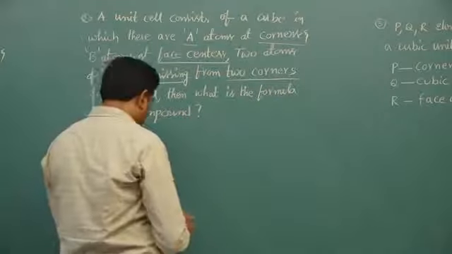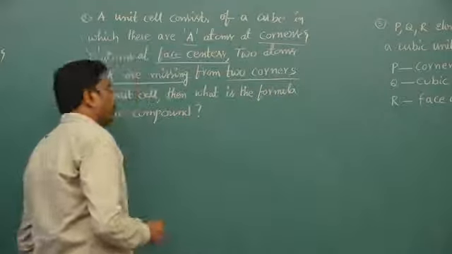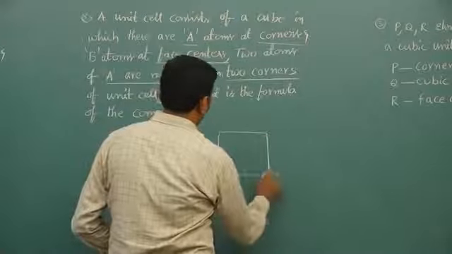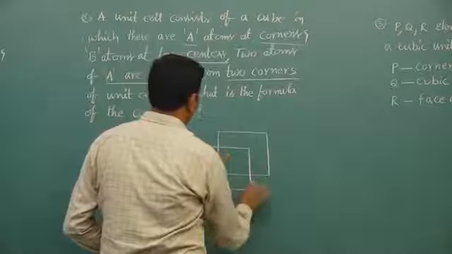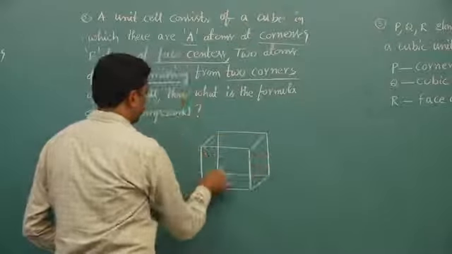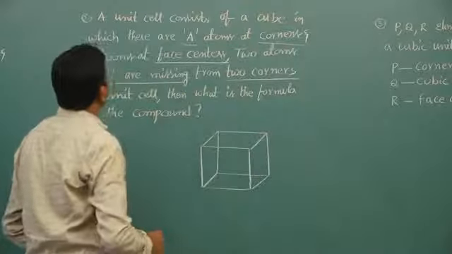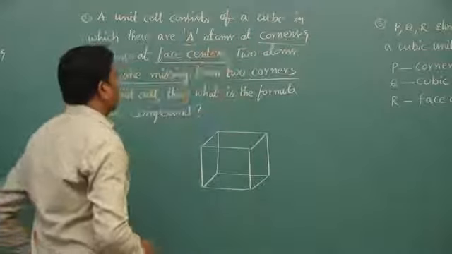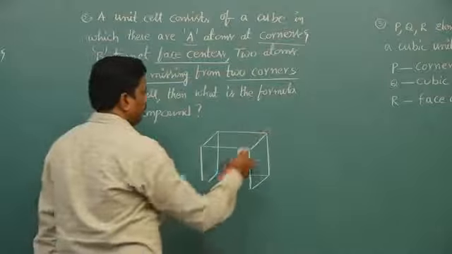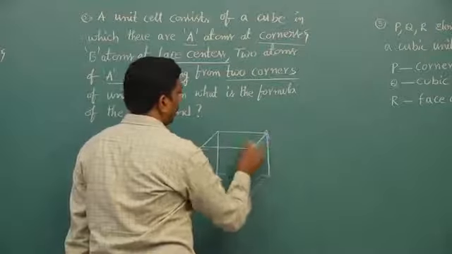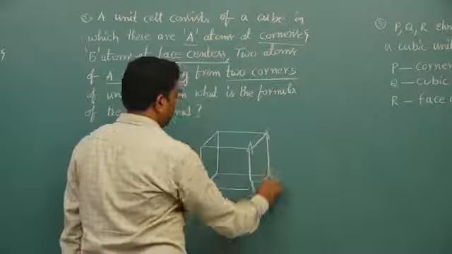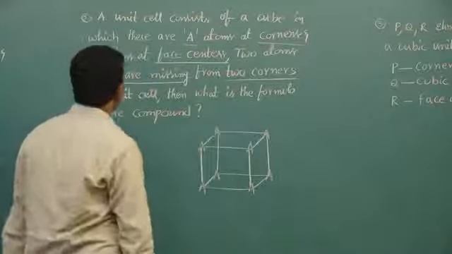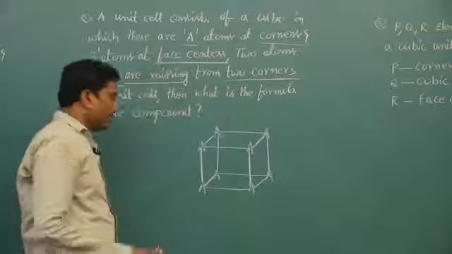See, for this I am drawing a simple cube. Once observe, simple cube structure. And here in the question they are saying that A atoms are at corners. Next, B atoms are at face centers.